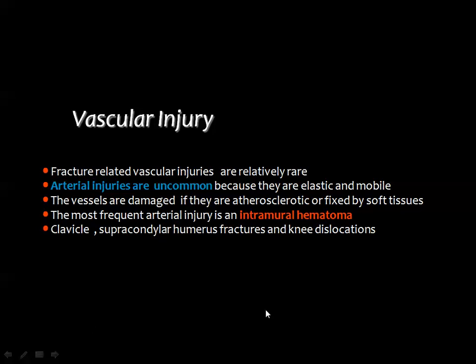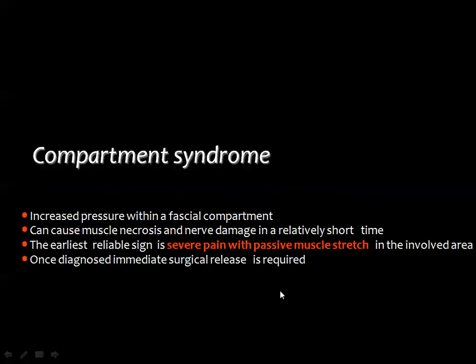Fractures of the clavicle, supracondylar fractures of the humerus, and knee dislocations are examples of traumatic lesions commonly associated with vascular injury. And we also do not forget the pelvic fractures, which are many times associated with significant bleeding.